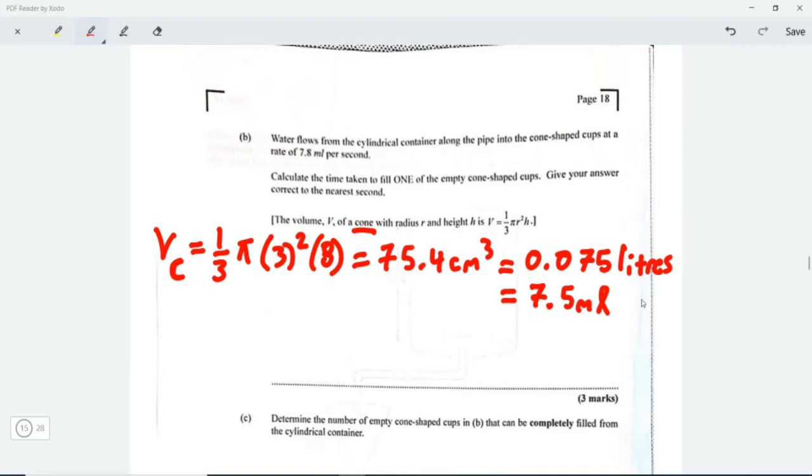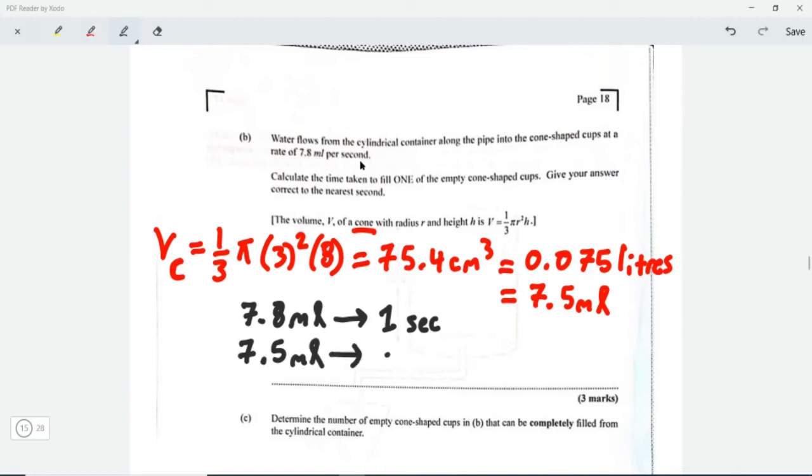But here's the thing now. It says water flows in the container along the pipe at a rate of 7.8 milliliter per second. So if 7.8 milliliter corresponds to 1 second, then what we know is 7.5 milliliter is going to go to X.